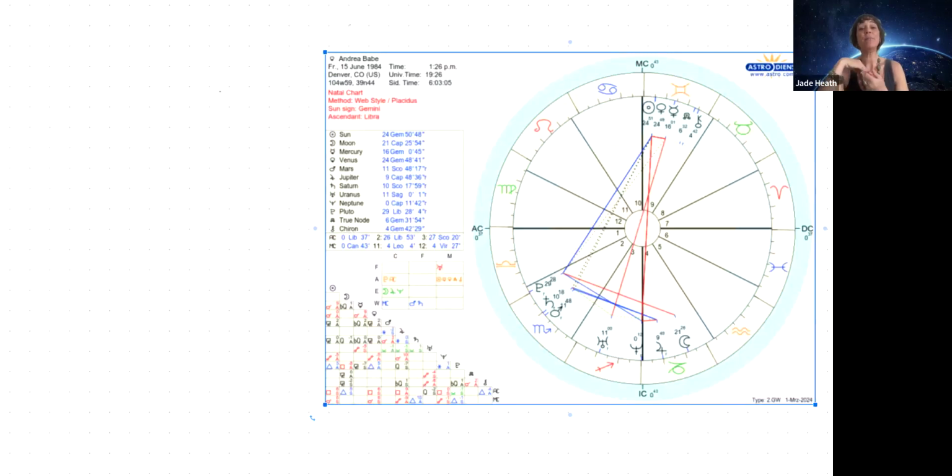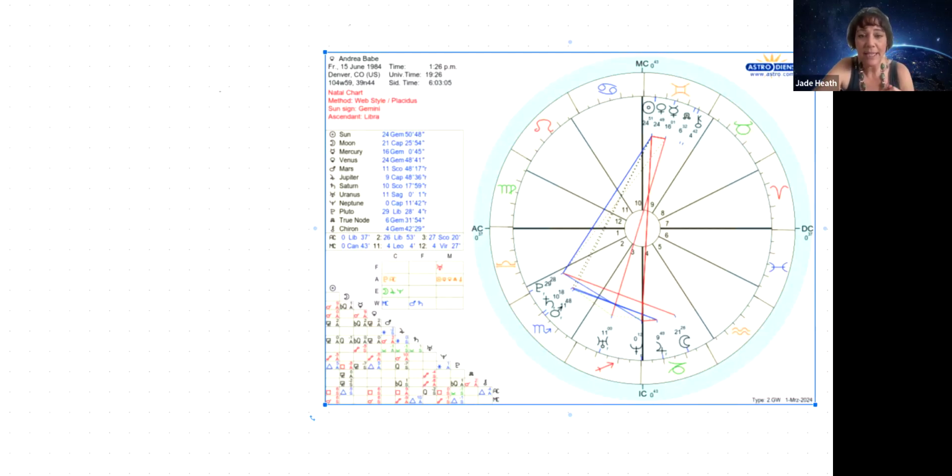Now, if we look at the box, we can get an idea of a bit about our personality. That's what I feel like this box shows us. So right off the bat, I see there's a lot of cardinal energy, which is a lot of initiating energy. And I see a lot of mutable energy. And that energy is all in the air signs.